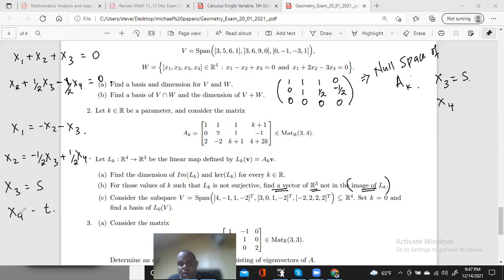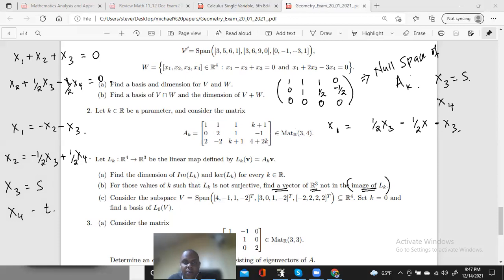And in the x1 equals minus x2 minus x3, we could put the x2 equation inside. So it becomes x1 equals a half x3 minus a half x4 minus x3.